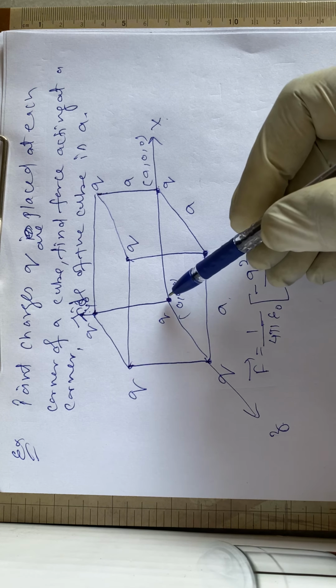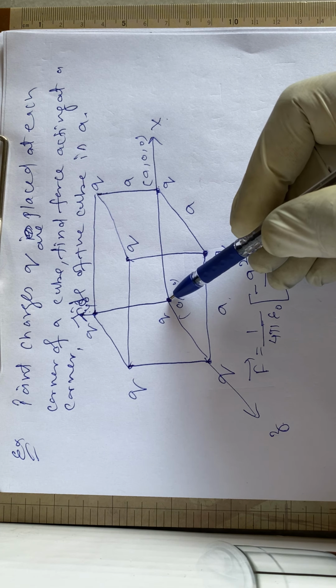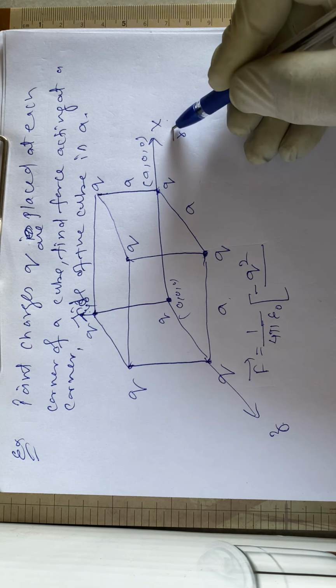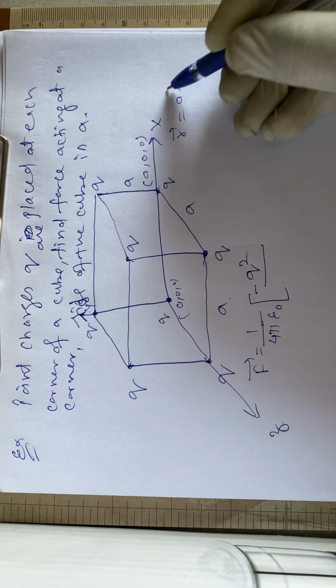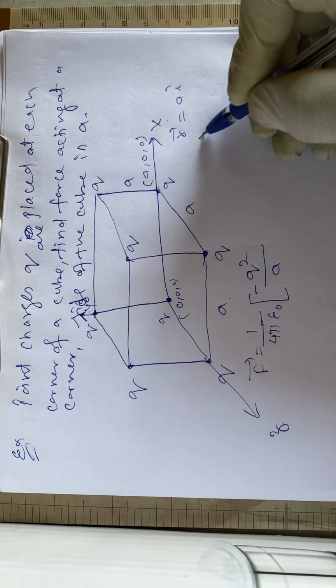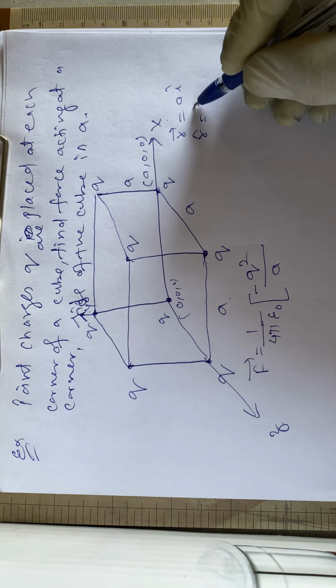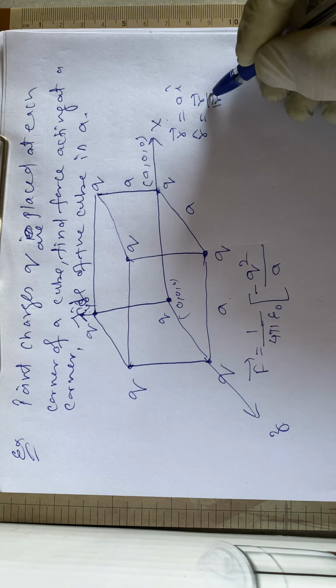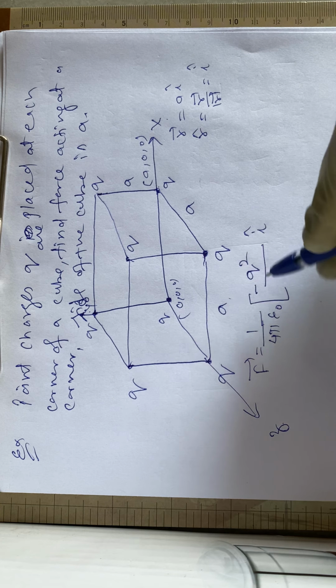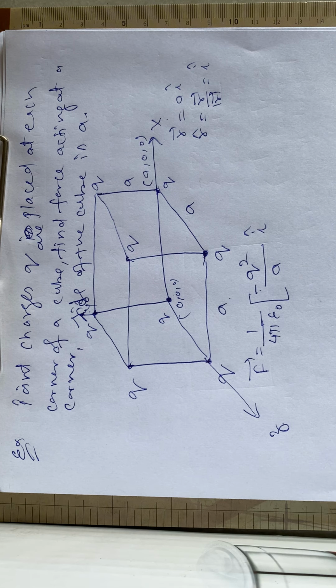What will be the vector of the line joining the origin to this point? That vector would be A i cap, so its magnitude will be only A, and its direction will be vector upon its modulus, which comes out to be i cap. I use a negative sign because the force is repulsive.